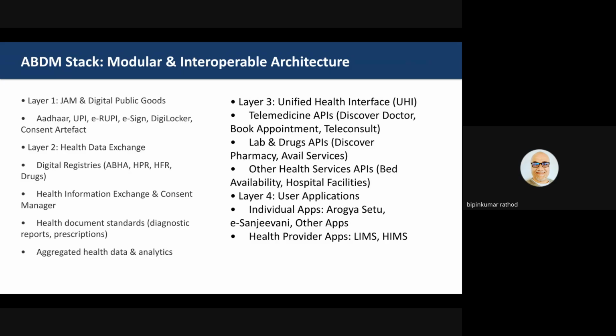And layer 3, which we just mentioned in our previous slide, is called the Unified Health Interface, where we can connect all of the patient's requests, whether it's a lab, appointment, telemedicine, or individual apps, either in eSanjeevani or any other healthcare provider apps.